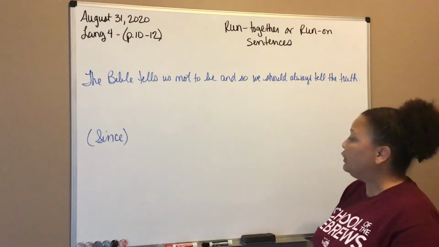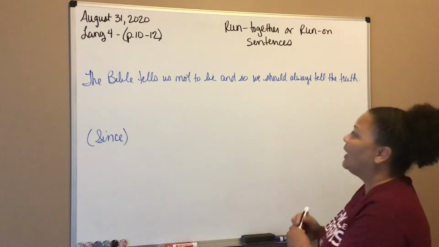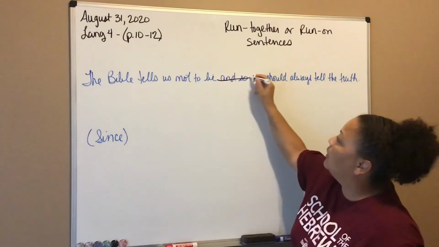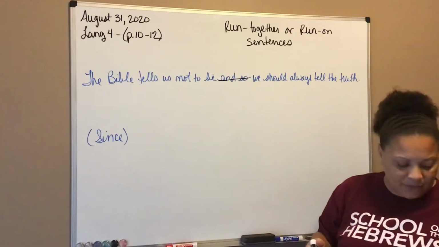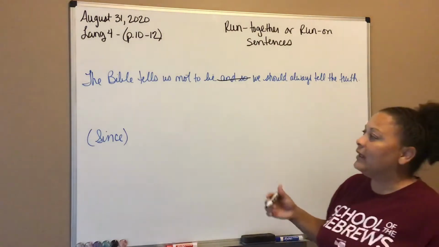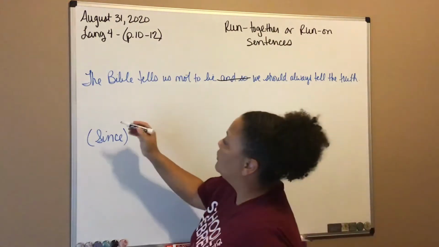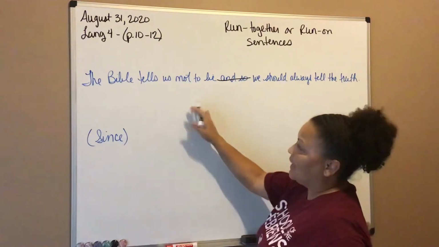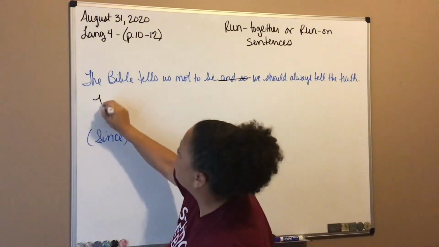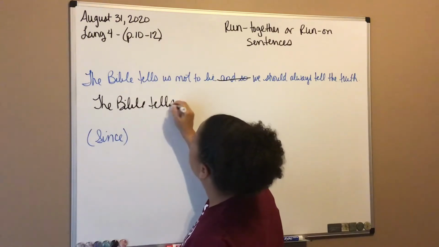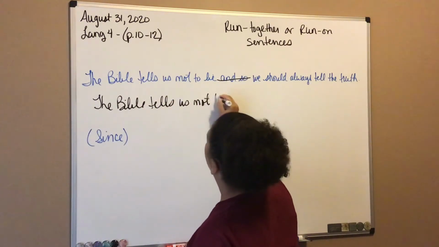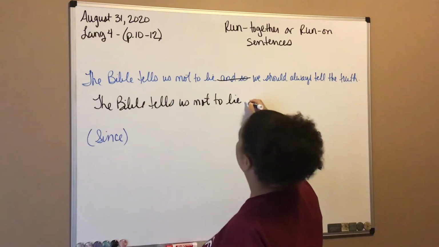So what we want to do is draw a line through "and so" because it does not belong there. We want to take "and so" out. In the following lines, it allows you space to write the two sentences as they ought to be written. So we would say, "The Bible tells us not to lie," period.